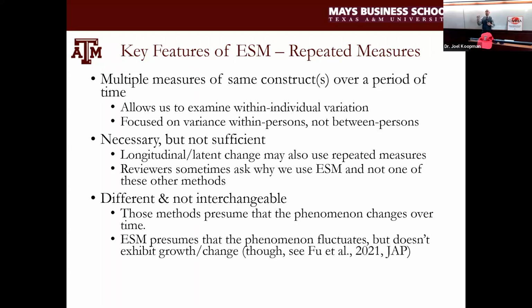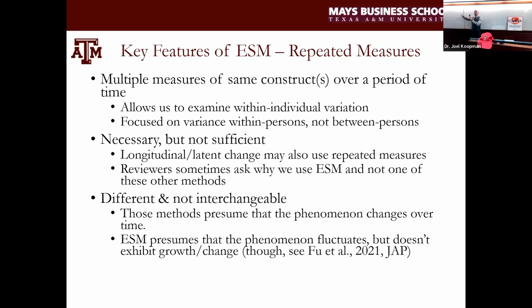Those methods presume change. It's literally in the name, right? Longitudinal latent change analyses presume that the person who started the study is different from the person who ended the study. ESM does not. We presume fluctuation, but no change. You have to be the same person at the beginning, the middle, and the end.